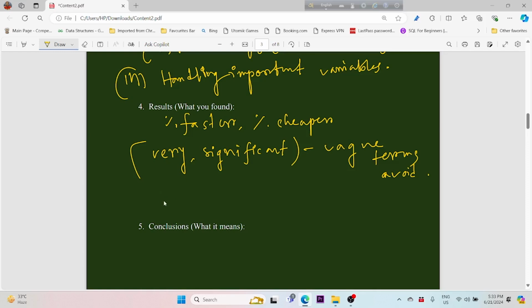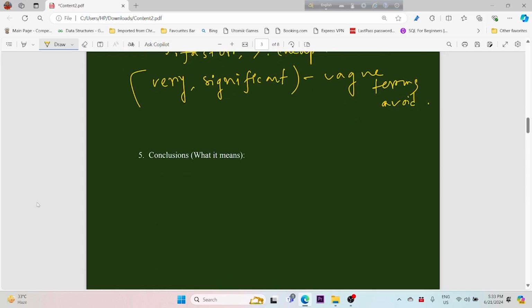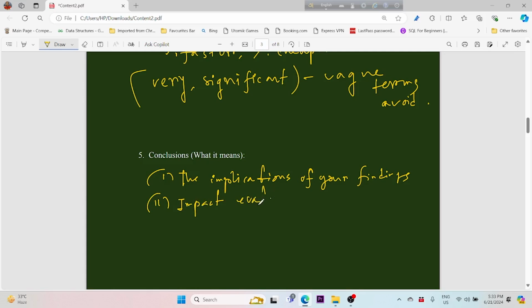And the conclusion, what it means. You need to discuss the implications of your findings, evaluate the impact, consider the generality of your result. So the implications of your findings, impact evaluation.